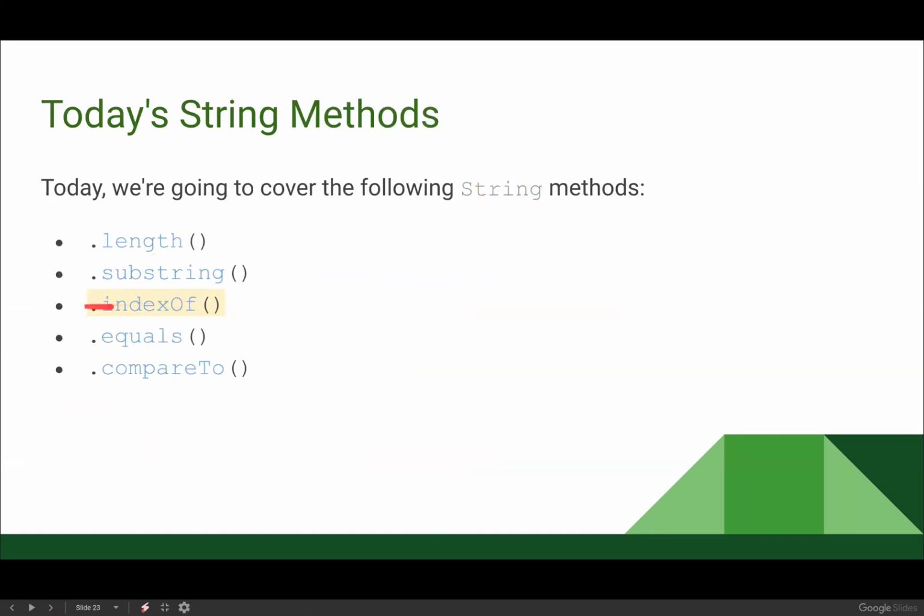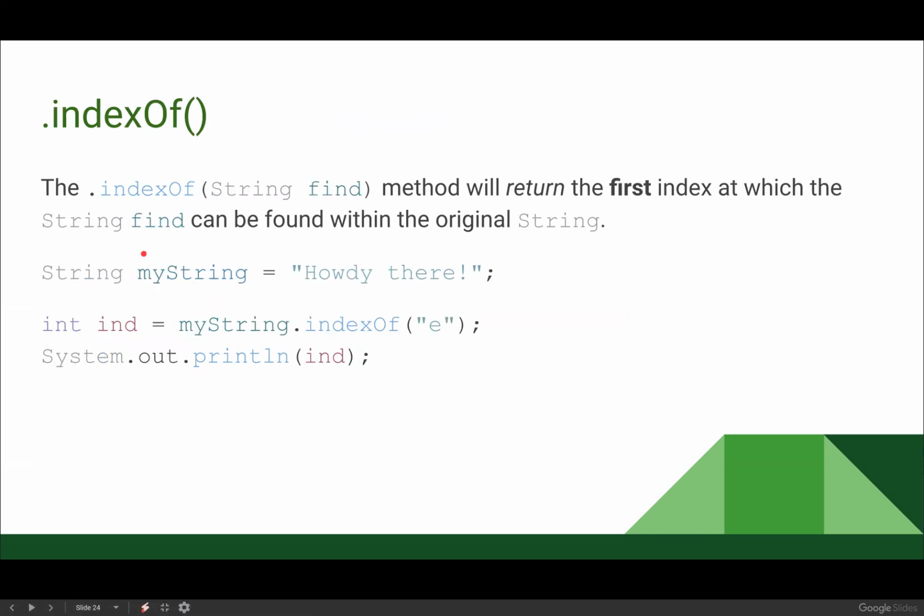All right. Next, we're going to look at indexOf, which is just a bit simpler. The indexOf, and we're going to pass it a string as a parameter. And this method will return the first index at which this string that you pass can be found within the original string. So if my string is still "howdy there!", and I make an index variable, int ind, is going to equal myString.indexOf("e").